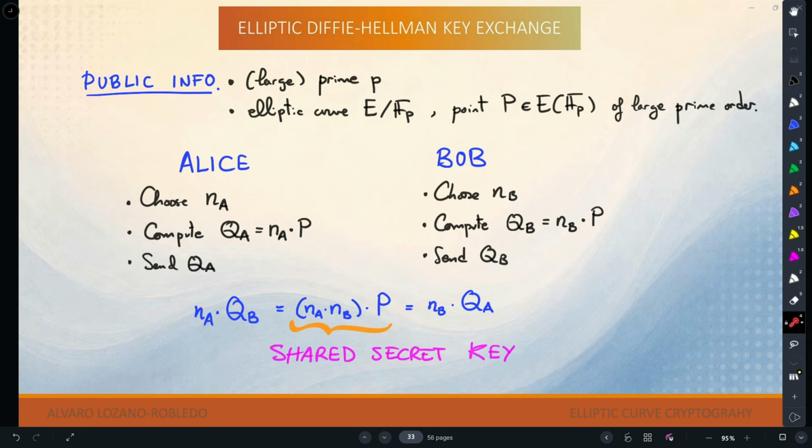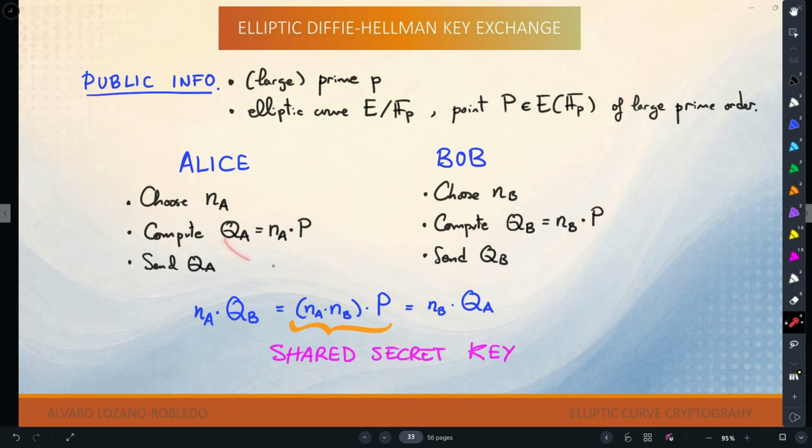All right, so can we do this with elliptic curves? Yes, we can, in the same way. The Diffie-Hellman key exchange can also be set up for groups, and you can essentially do the same thing. You take a large prime, you take an elliptic curve. Now we're working over the points on the elliptic curve. Take a point P of large prime order, and Alice is going to do the same. She's going to choose a secret key, an integer, and Bob chooses an integer, and they compute their multiples of P by their secret key, QA and QB.